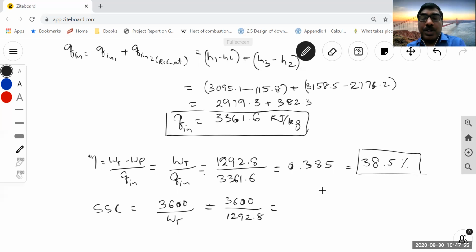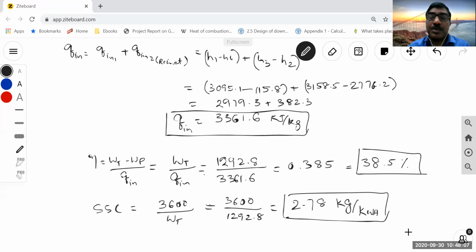So this is 2.78 kg per kilowatt hour. So this is the specific steam consumption. 2.78 kg of steam is required per 1 kilowatt hour. Okay, so this is how we have to solve the problem. We will do some more problems in another session.